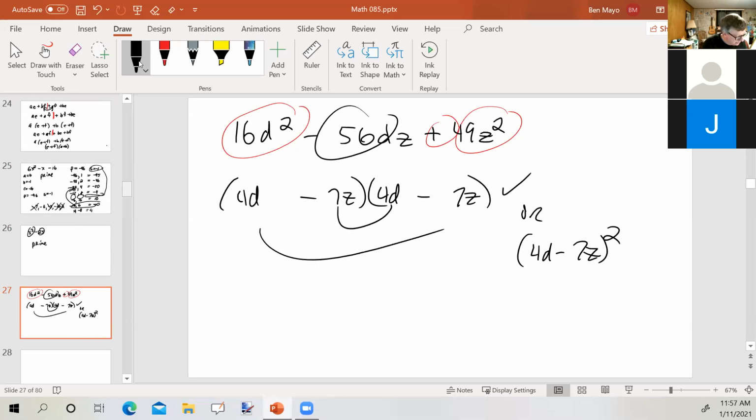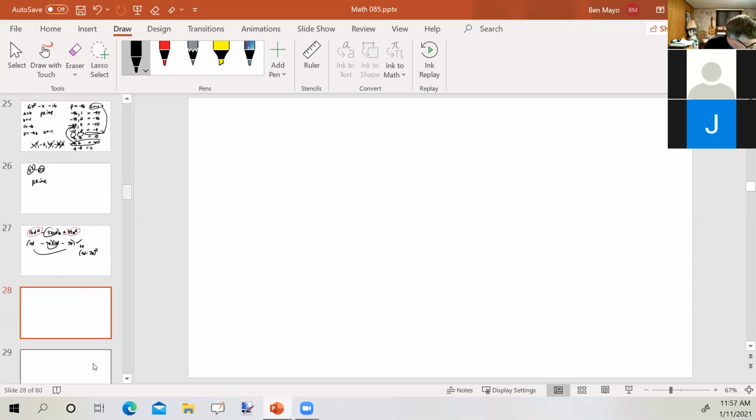Let's take a look at some that are a little bit trickier. How about this one? X to the 6th minus 4x cubed minus 12. Well, that is a trinomial. It's in standard form, descending powers of the variable. It doesn't have a greatest common factor. It's not a perfect square, and it has a leading coefficient of 1.